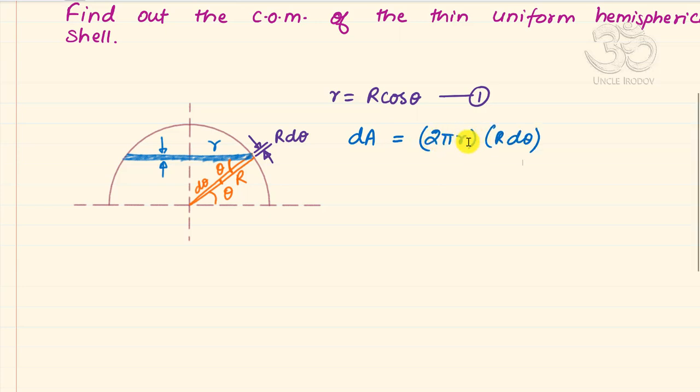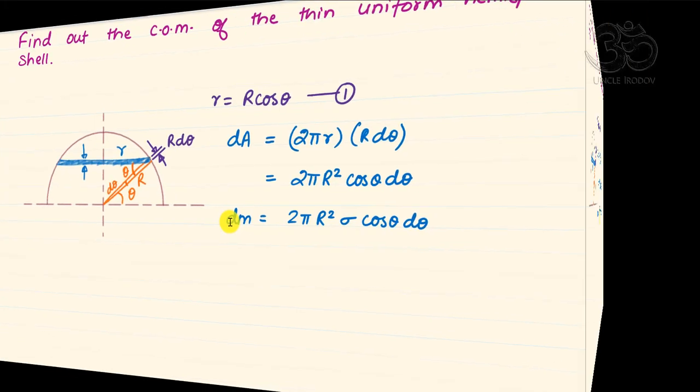And after inserting the value of small r as big R cos theta, I'm going to get 2 pi big R square cos theta d theta. This is the small area. This is the blue shaded area. Now once I have this blue shaded area, I can find out its mass. So the blue shaded mass dm is going to be 2 pi R square sigma cos theta d theta.